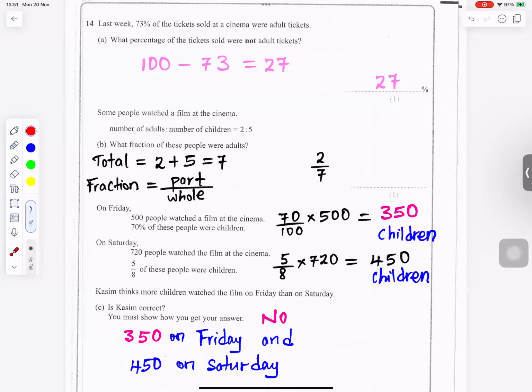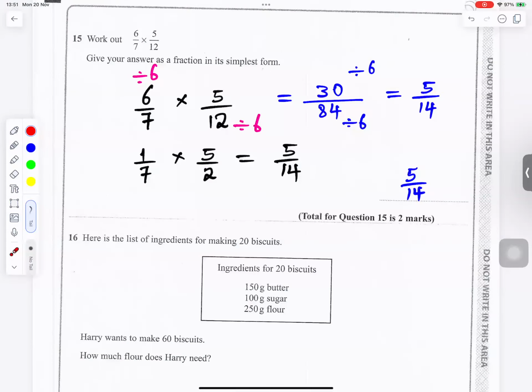So on Saturday, 450, on Friday, 350. Kasim thinks more children watched the film on Friday. The answer is no, because there were 350 on Friday and 450 on Saturday.